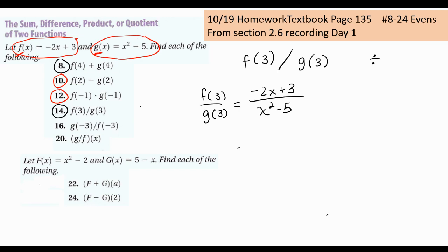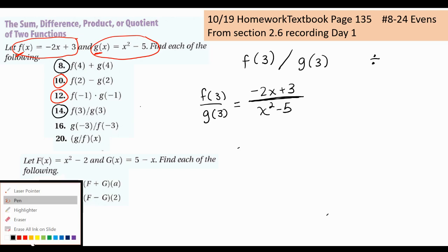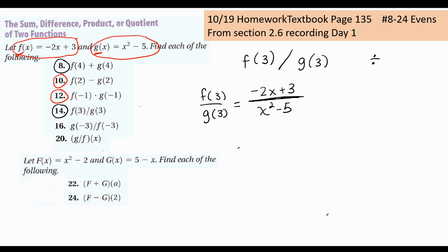So division in algebra means this straight line horizontally, right? So that's the division. So then I'm going to just plug in the 3. And that's telling me to plug it in right here, right? So that would be equal to negative 2 times 3, then add 3 over 3 squared minus 5.